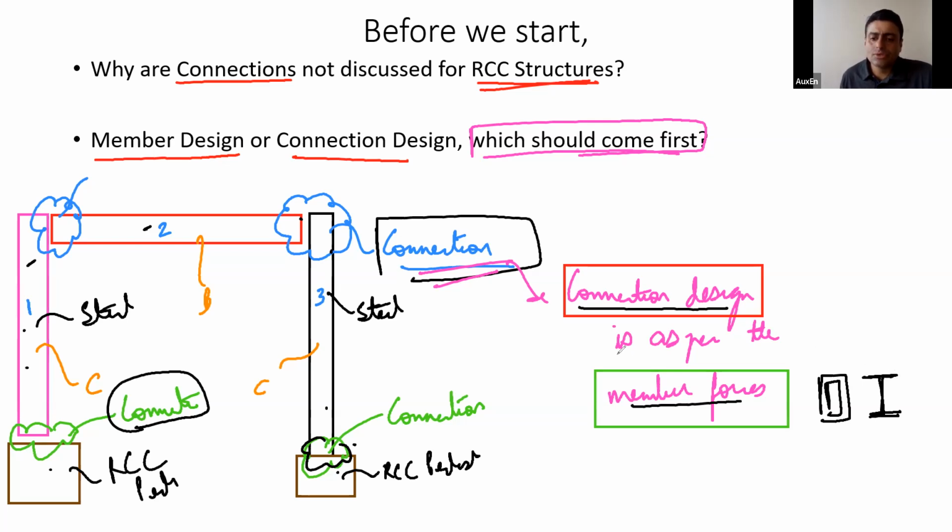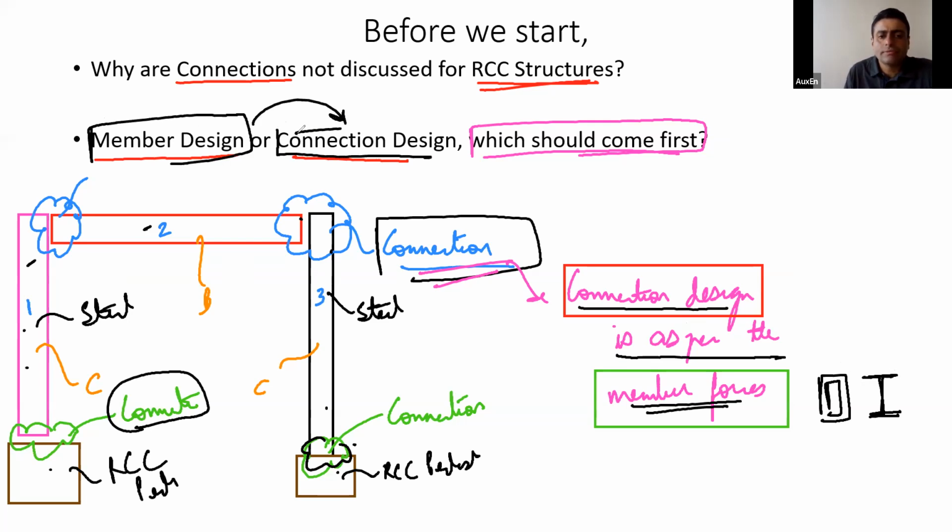So connection design is to be done as per the member forces, and it also depends on the member type. So in a way, member design has to be done first, and then connection design will follow.